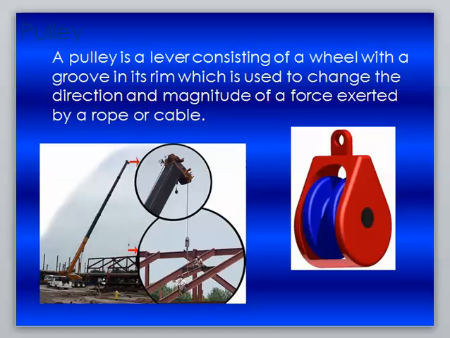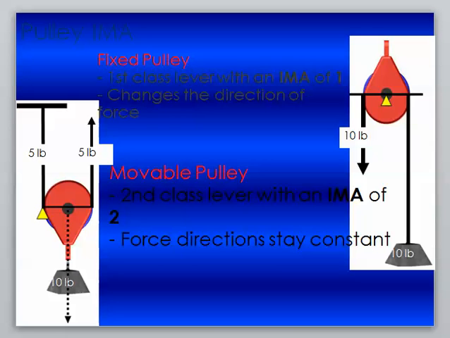Okay, I'm going to hurry through this here. A pulley is a lever consisting of a wheel with a groove in its rim, which is used to change the direction and magnitude of a force exerted by a rope or cable. There's lots of examples of pulleys. I don't think I need to go into a lot of detail with that. We have a fixed pulley, which is over here on the right. It has an ideal mechanical advantage of 1, and its AMA, actual mechanical advantage, would be less than 1.